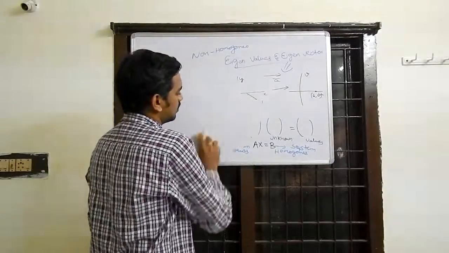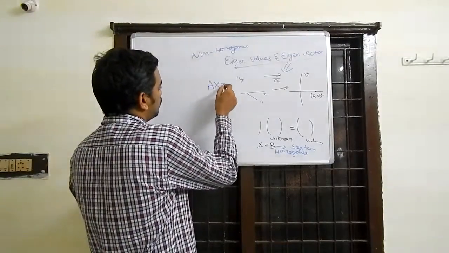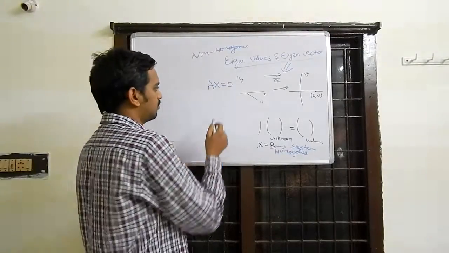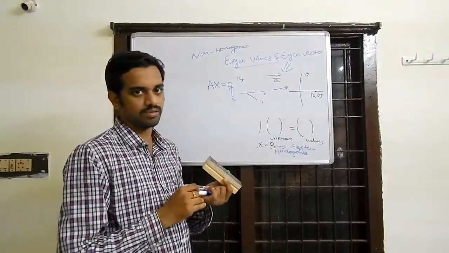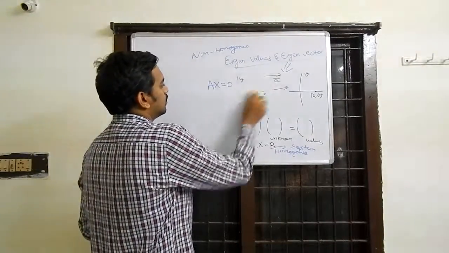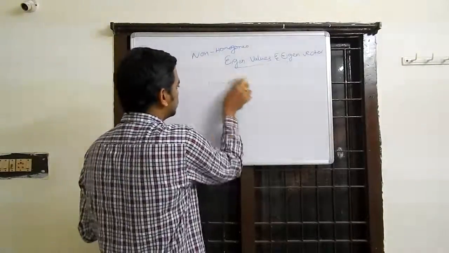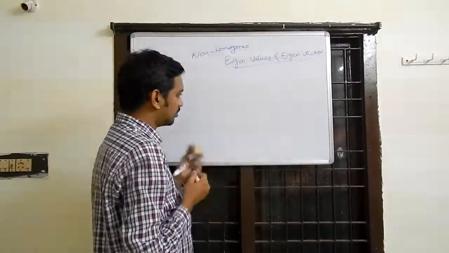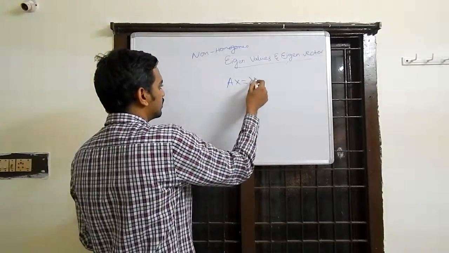In homogeneous, Ax is equal to 0. Okay, under the eigen, we want to find the values of lambda such that Ax is equal to lambda x, where lambda is a scalar quantity.